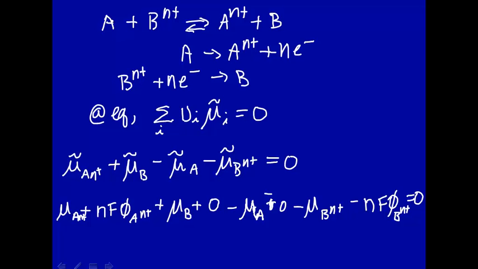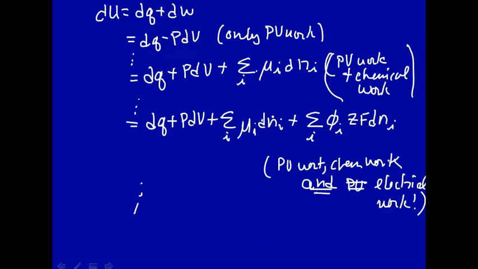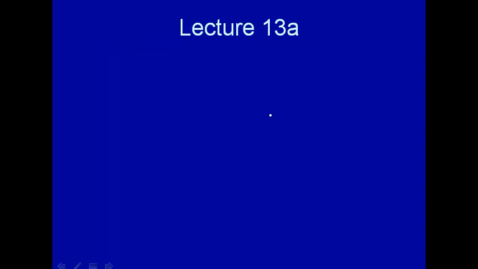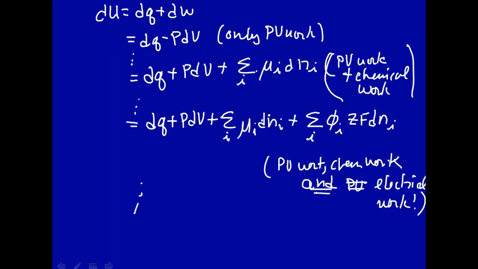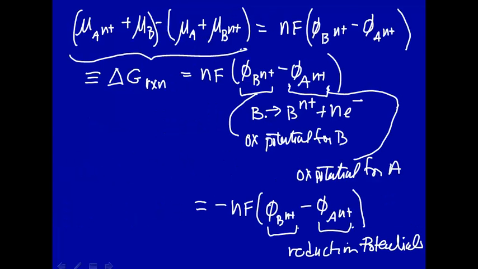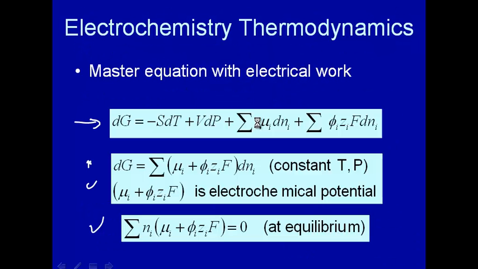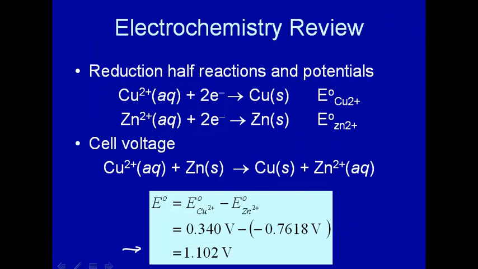Okay, so if you recall from the previous lecture, when we reviewed equilibrium thermodynamics, remember to calculate the cell voltage, it was the reduction potential of the thing that was actually being reduced, in this case copper, minus the reduction potential of the thing that was being oxidized.